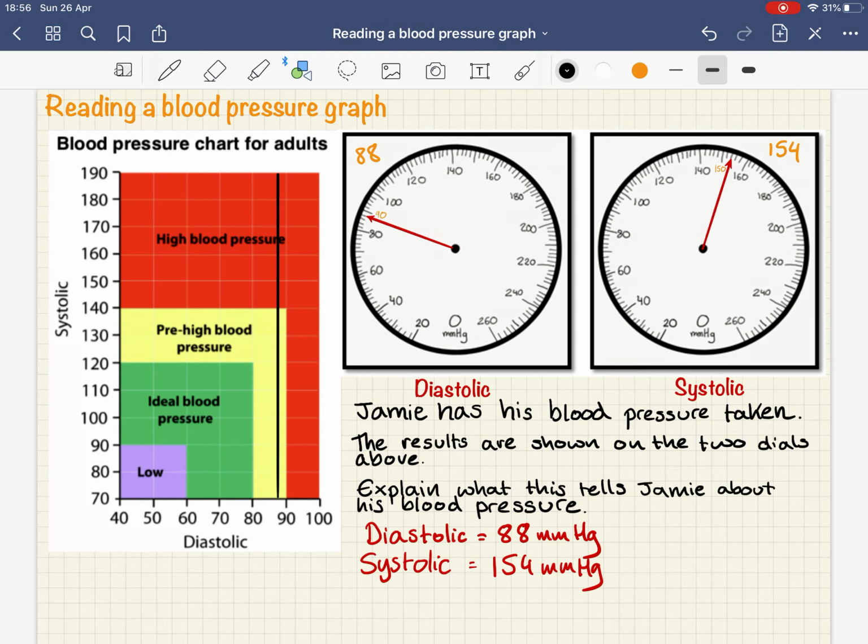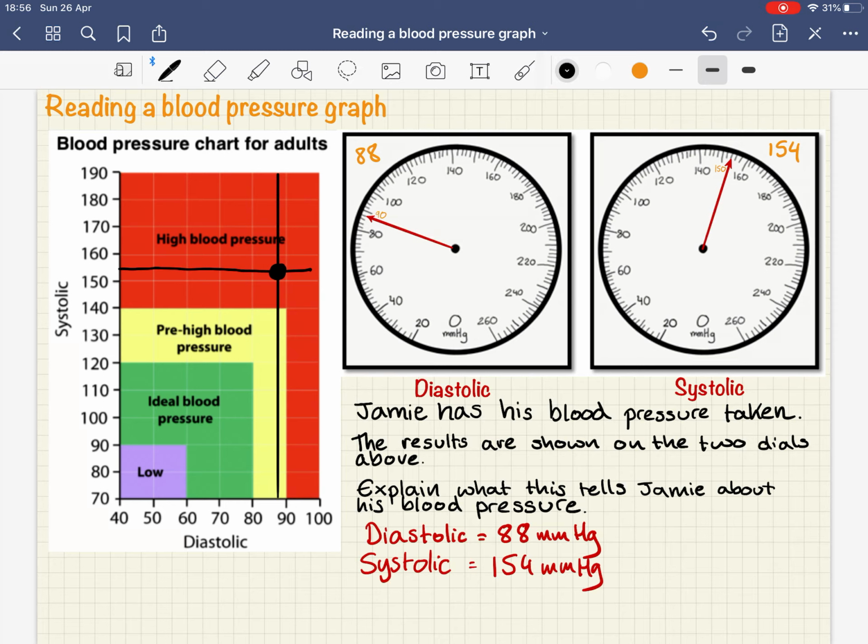And then my systolic, I'm going to do about the same thing. My systolic is 154. Here is 150, so I'm going to be somewhere in between here. Roughly about here, drawing along. And so their blood pressure lies in this circular region here.